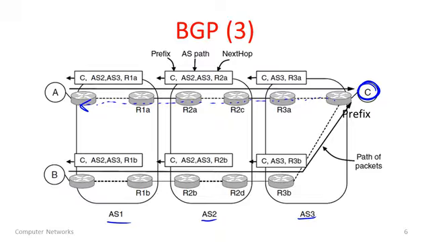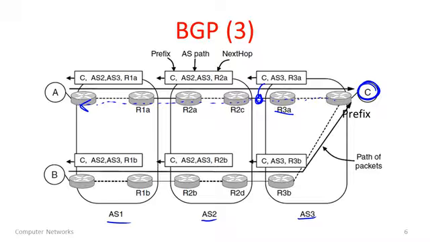And I've shown them here above. Now, this announcement here, to reach prefix C, you go via AS3, and the next hop is here, R3A. It is the announcement you would see if you looked over this wire, connecting this border router in AS3, R3A, to a corresponding border router in AS2, R2C.